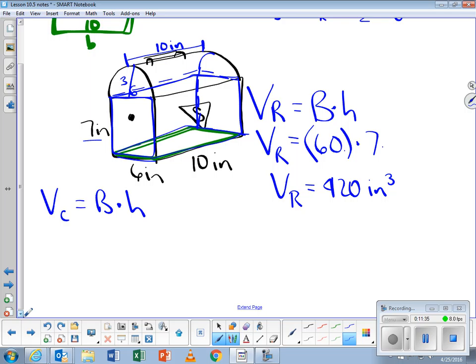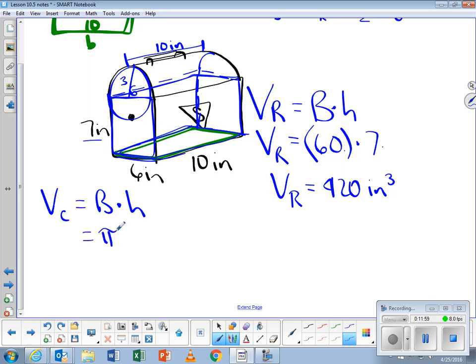Remember, in a rectangular one, we'll agree it's always sitting on its base. But in any other cylinder, prism, whatever, you have to identify what the base is. And in this one, it's a circle. So the base is a circle. What's the formula for area of a circle?